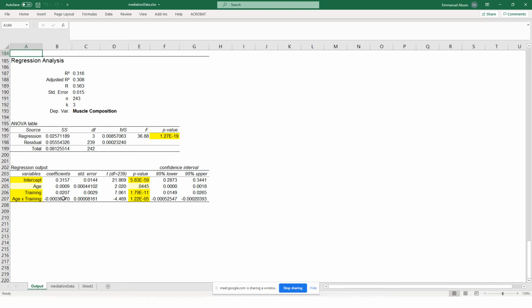And here, the B coefficient of the interaction is negative. So the negative coefficient of the interaction predictor indicates that the training effect becomes less positive with the increase of age. So that's how we are going to interpret the interaction.